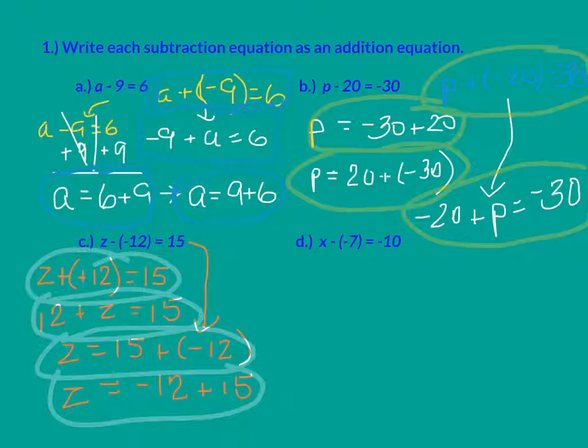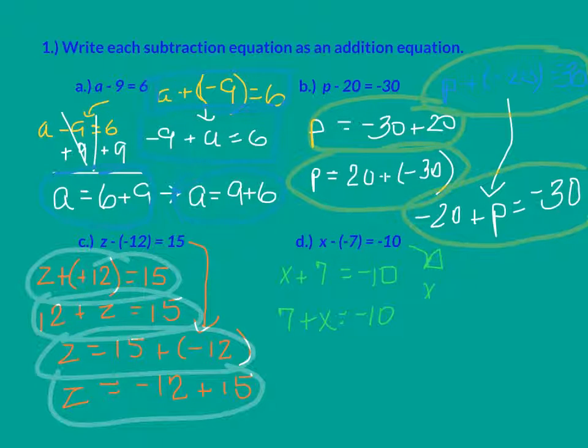And my next one, I'm going to, again, stay, change, change, cha-cha-cha. Still equals negative 10. I can switch those around. 7 plus x equals negative 10. I can, of course, do the opposite. The opposite of minus negative 7 is plus negative 7.